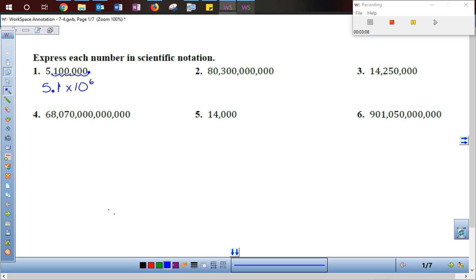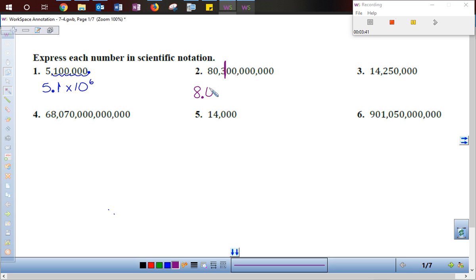Now on number 2, again, we need to start by turning this large number into a number between 1 and 10, which means I want my decimal point to be right after my first number, so 8 point. Now I need to write down all of the numbers that come after the 8 before you start seeing repeating zeros. So if you'll notice, I do have a 0 right after that 8, but it's also followed by a 3. The repeating zeros don't start until after that 3.